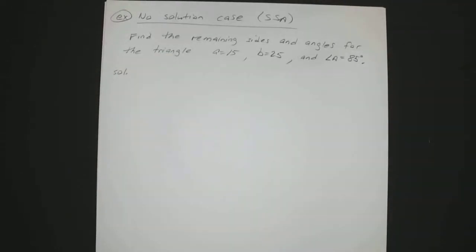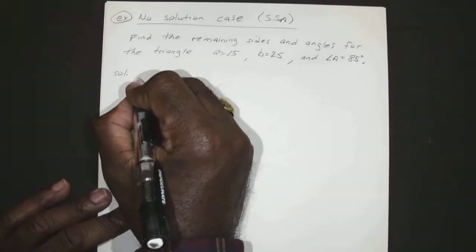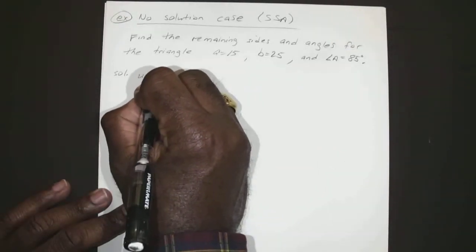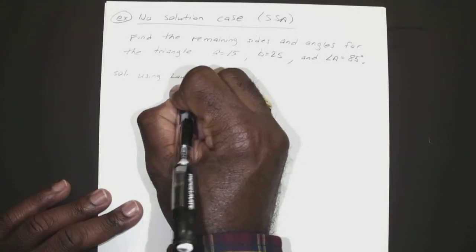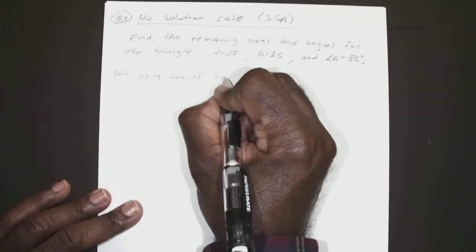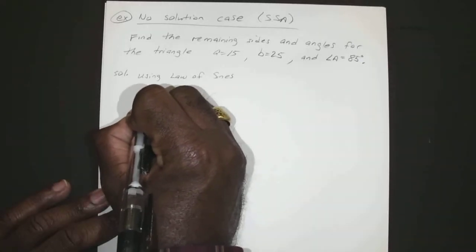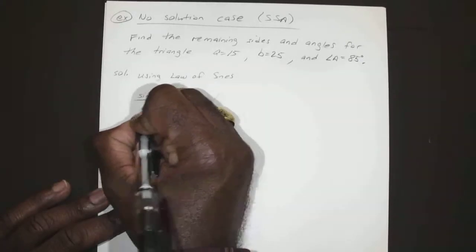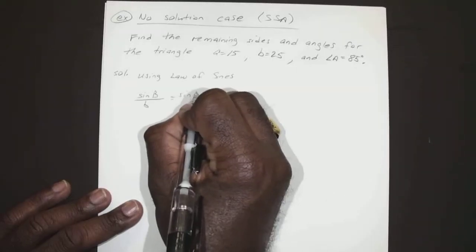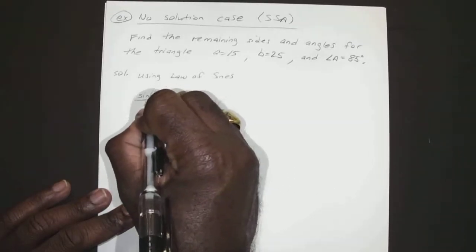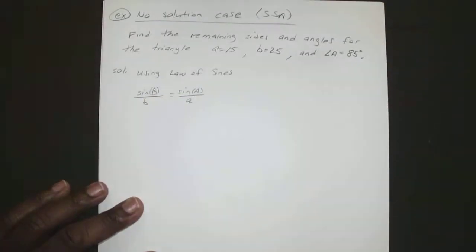Let's say instead of drawing our triangle, we decide to just jump right in and use the law of sines. So you have sine of B over lowercase b equals sine of A over lowercase a.